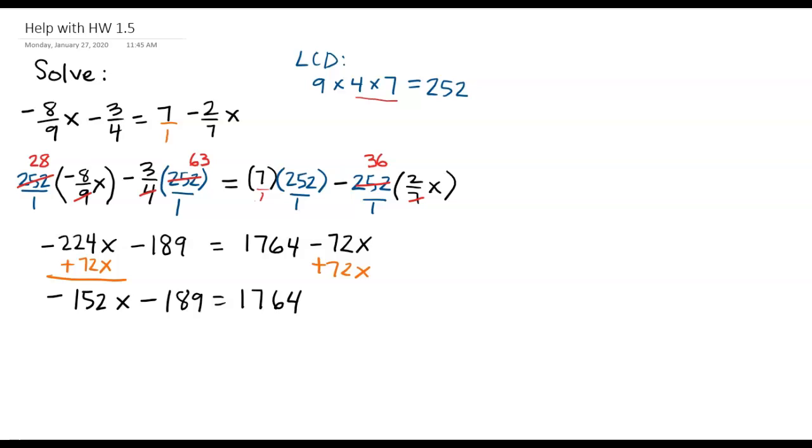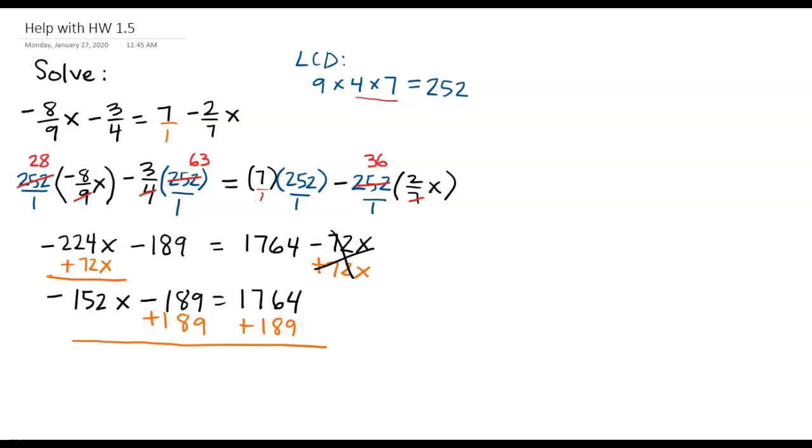All right, and we know this is gone because negative 72x plus 72x just is no longer there. So now let's add the 189 over to the other side. If we're moving something from one side of the equal sign to the other, that's when we need to remember to do the opposite of it.